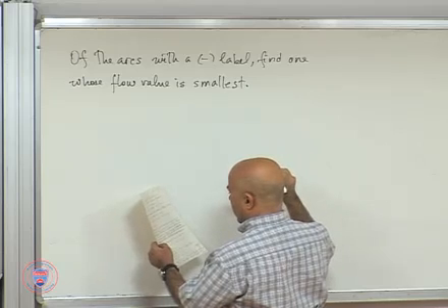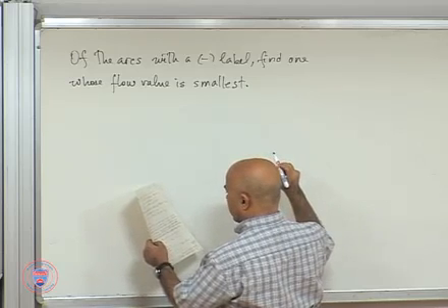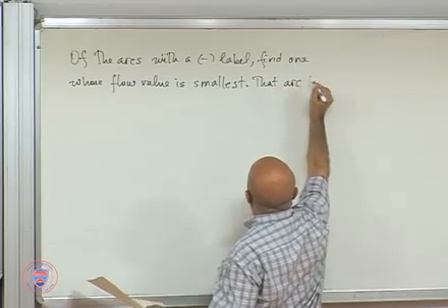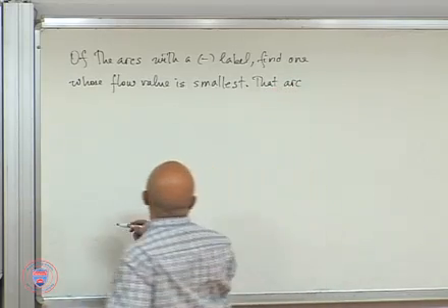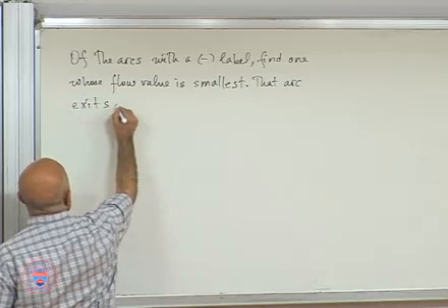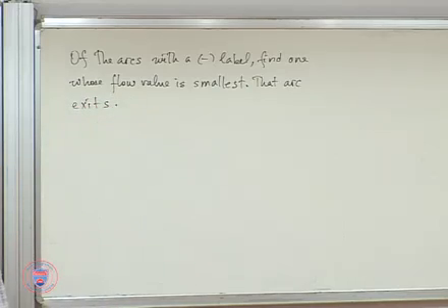Break ties arbitrarily if you have ties. That arc and the associated basic variable is the exiting variable. So you remove that arc from the current tree, replace it with the entering arc. Okay.